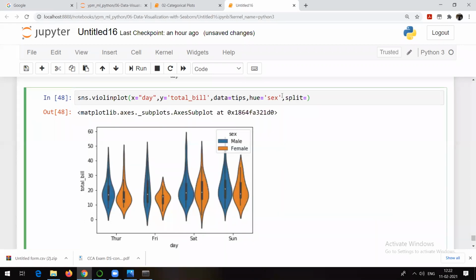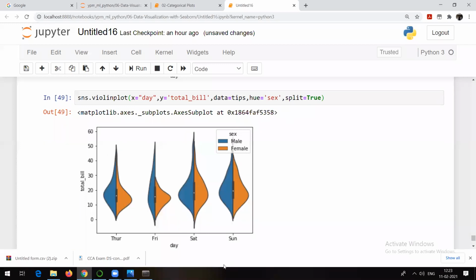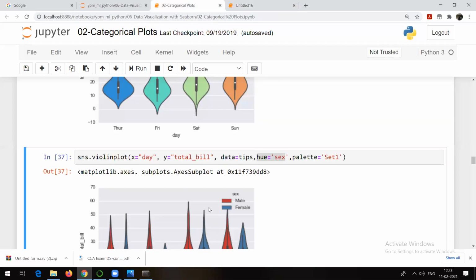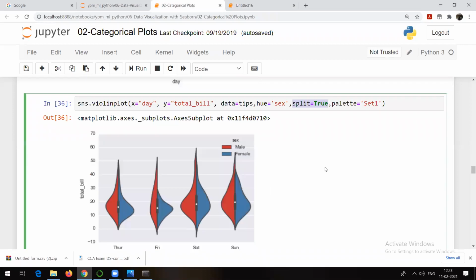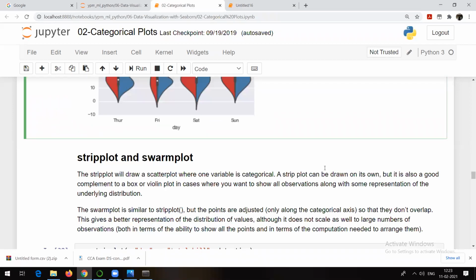If I try to make use of this as true, now see, same thing you are able to see, but in this way. So it's a good utilization of the space which is available for visualization, right? So these are some of the things. Again, it is also showing the same thing, whatever this graph was showing, but now it is just because of split equal to true. Okay, let's move to the next one.